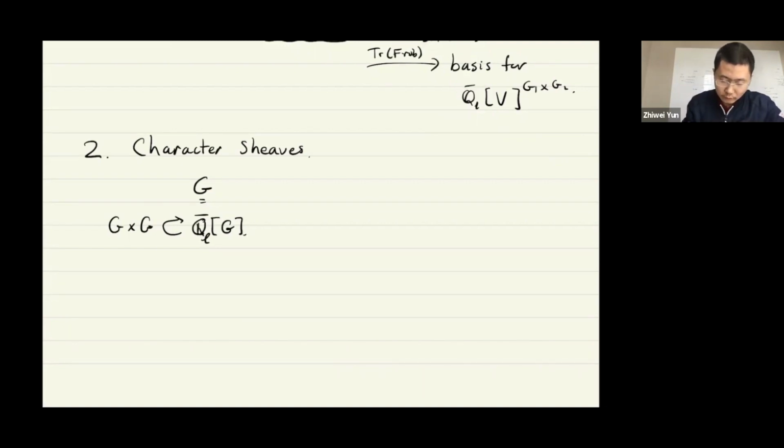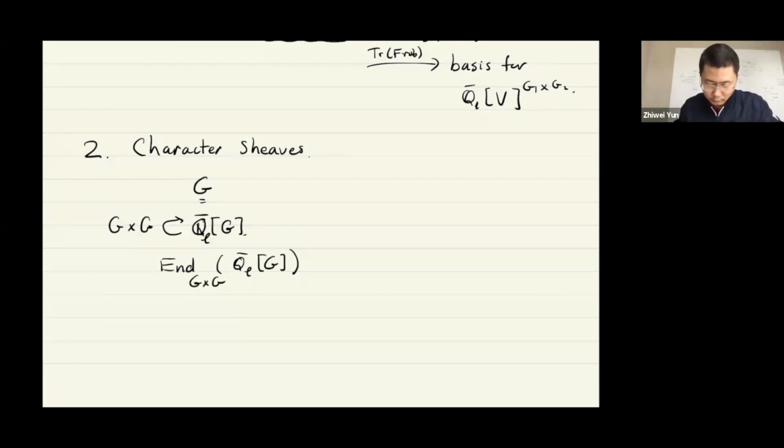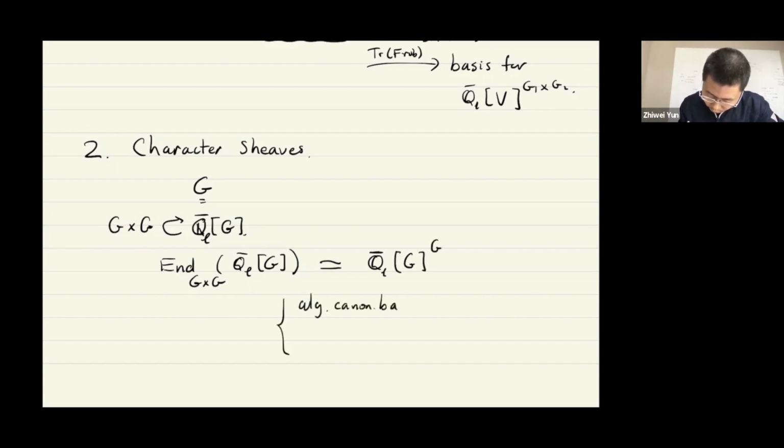We can also consider the intertwining operators of this representation as G times G representations. I just want to formulate things in a way similar to what we just discussed. It's easy to see this is just class functions on G. And it has two canonical bases.